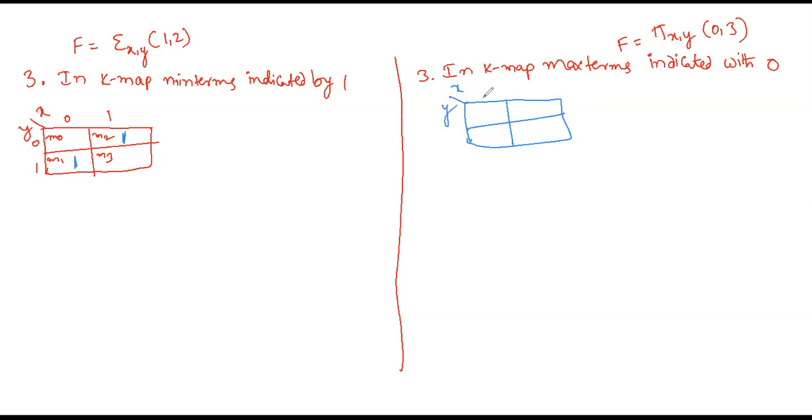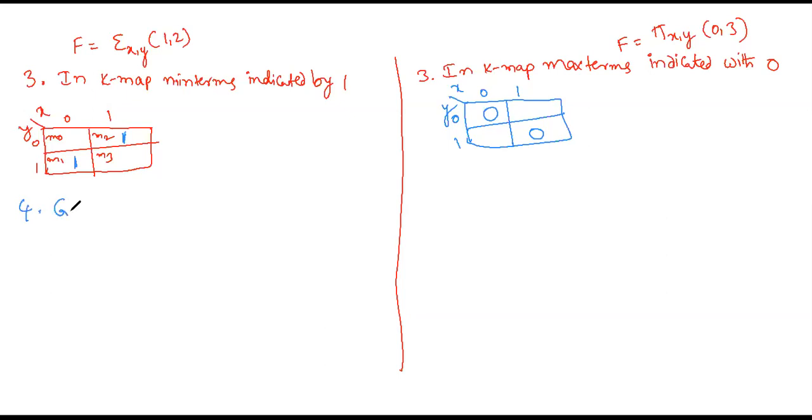X, Y, 0, 1, 0, 1. Wherever the 0 value is there, 0 0 is 0, keep those values 0. 1 1 indicates 3, so keep 0.